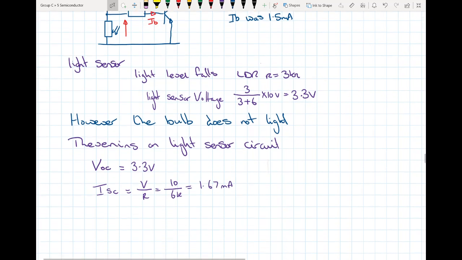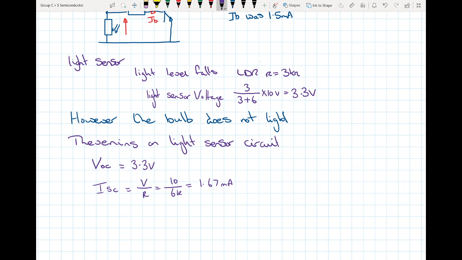milliamps. And then finally we're looking to work out our equivalent resistance. So that's our voltage open circuit divided by our current short circuit. So we're going to have 3.3 volts divided by our 1.67 milliamps gives us approximately 2 kilo ohms.